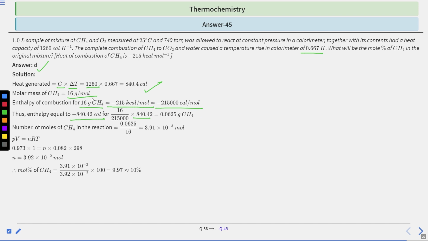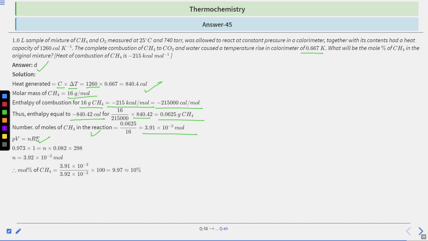Right? So first, we know that for 16 gram of CH4 the enthalpy of combustion will be this. And if we know the enthalpy of combustion, we can find out the mass of CH4, which is coming out as this. So the number of moles of CH4 in the reaction will be the mass we have calculated divided by the molar mass, which is 3.91 into 10 to the power minus 3 mole.